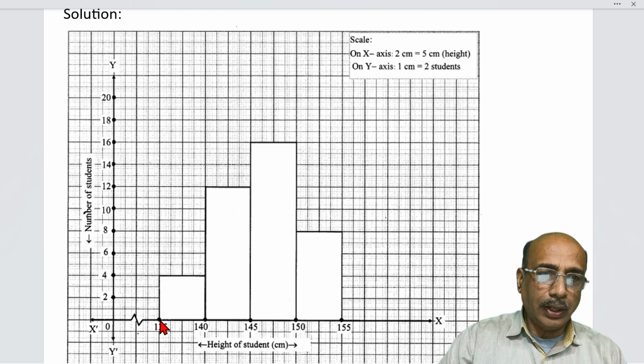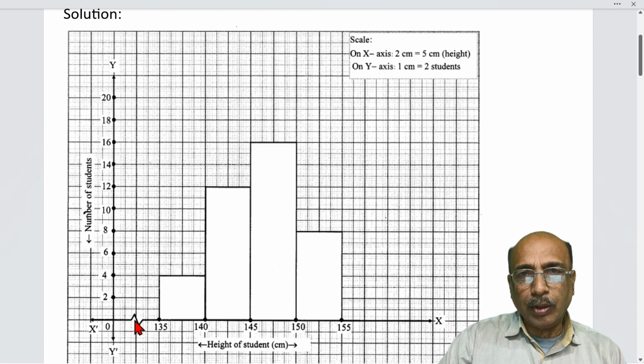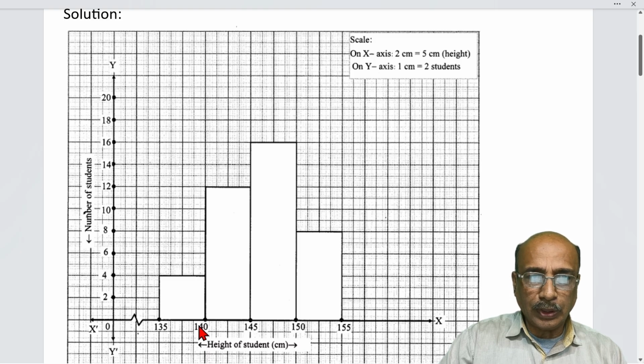Similarly here, to show that this part of the graph is hidden, we use the crick mark. Then directly we start with 135 to 140. 2 centimeter on the x-axis equals 5 centimeter height. I am sure how to take the x-axis is understood. So the crick mark will be there.